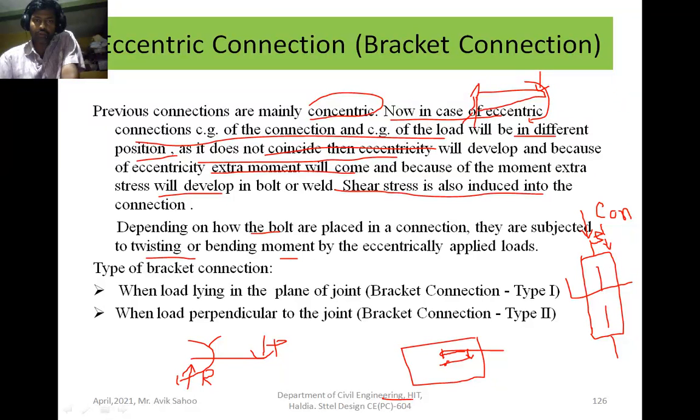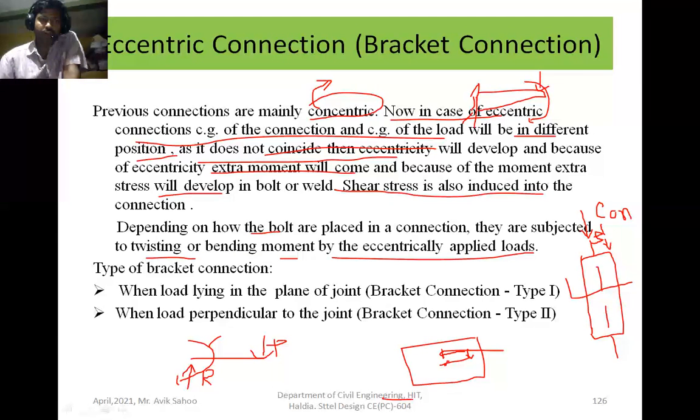So that's why it is called a twisting moment, caused by the eccentrically applied load. So for the eccentric load, the force that is applied is also transferred to the connection as well as the twisting moment, because it is eccentric. If it is concentric, then no moment will come. But as it is eccentric, the moment as well as the force both will come.